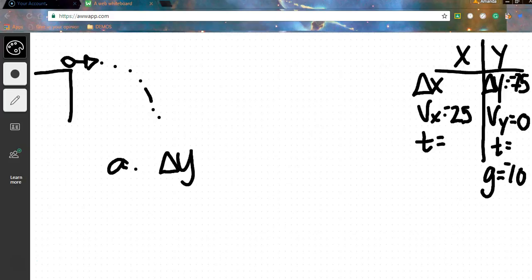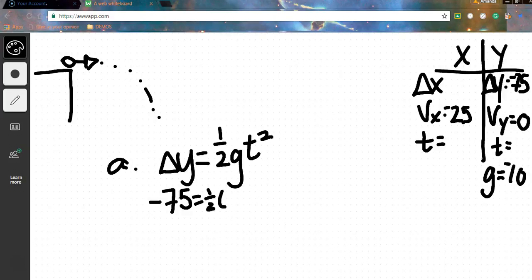We can use the free fall equation, which is delta y equals 1/2 g t squared. So for our purposes, that's negative 75 equals 1/2 g, which is negative 10, times t squared, which is what we're looking for. So negative 75 divided by negative 5, because 1/2 of 10 is 5, we get 15 equals t squared.